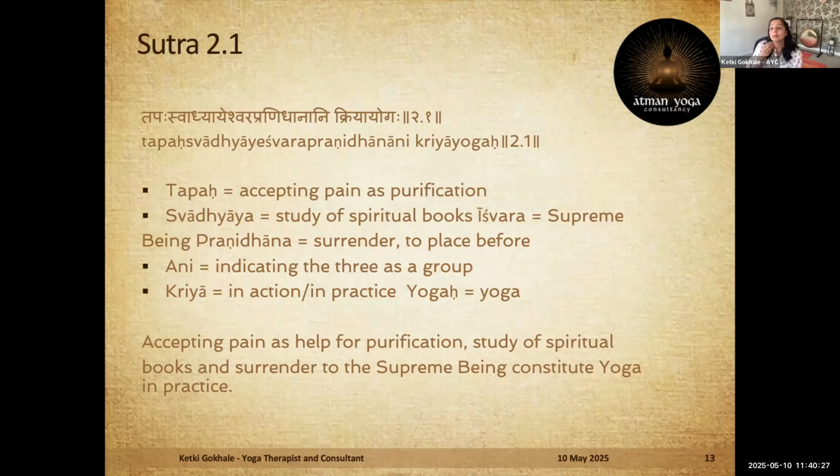Swadhyaya is for our speech. So studying scriptures, or if by grace you have received Guru Diksha, a mantra from a Guru, keep chanting that mantra or do japa.